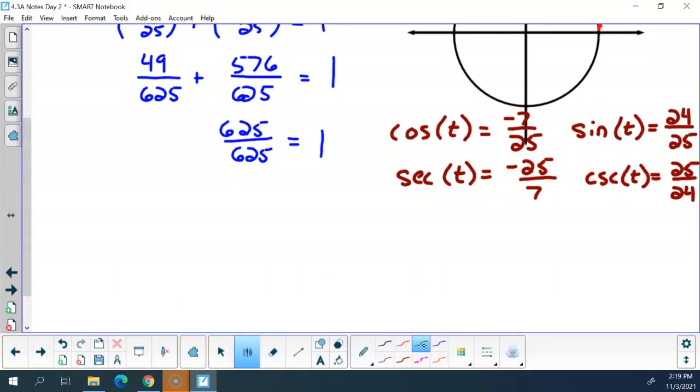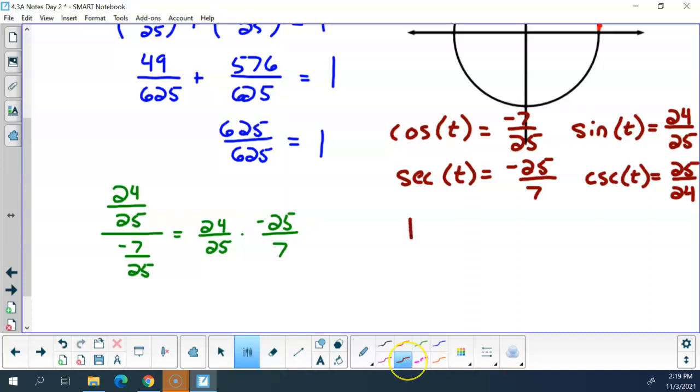The tangent is going to be sine over cosine, or y over x, which is going to be negative 24 over 7.